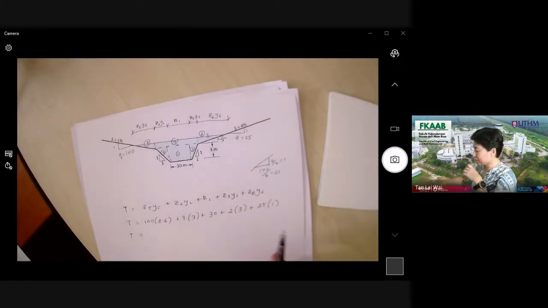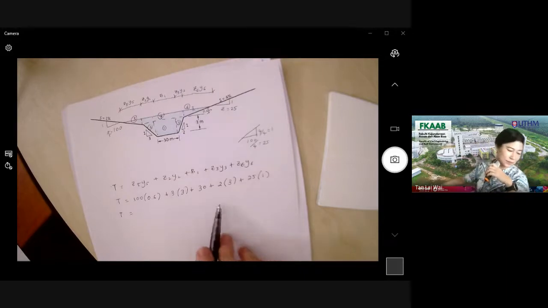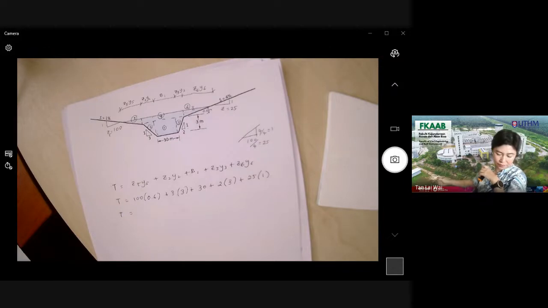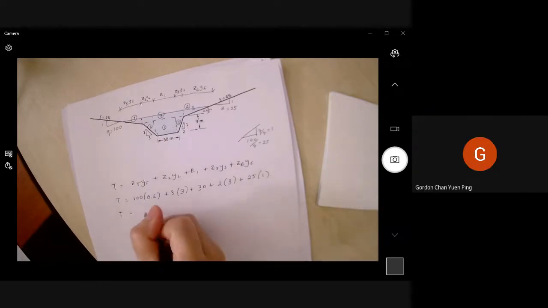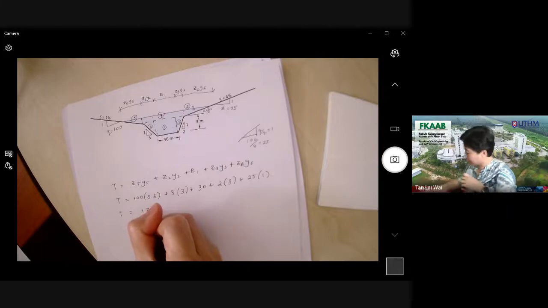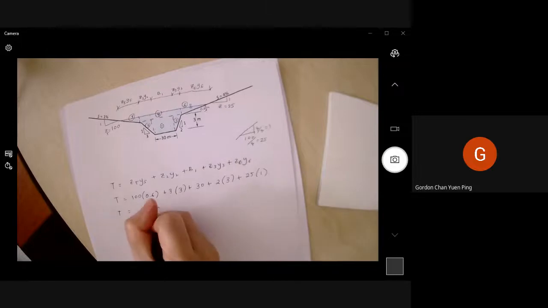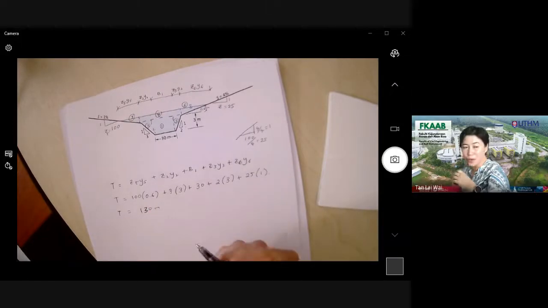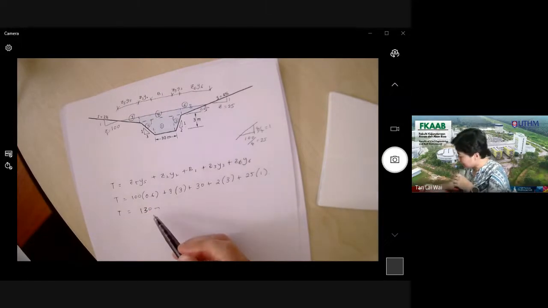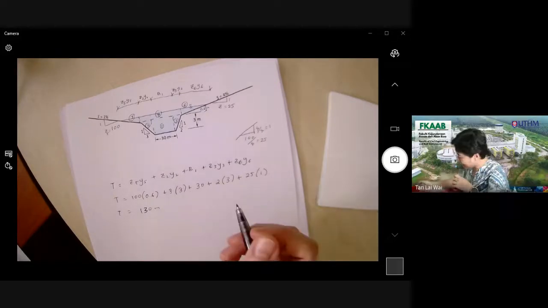Can you help me solve this? The answer is 130. 130, yeah? Anyone has a different answer? 120. Okay.